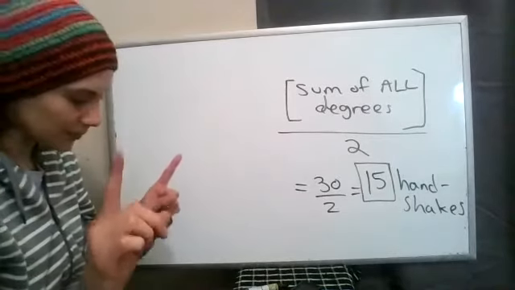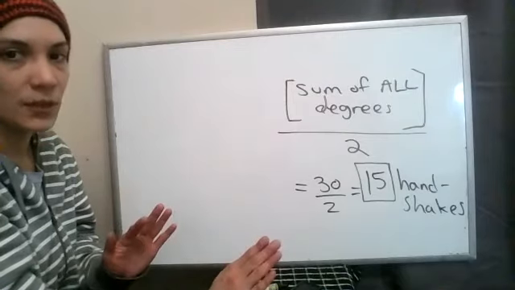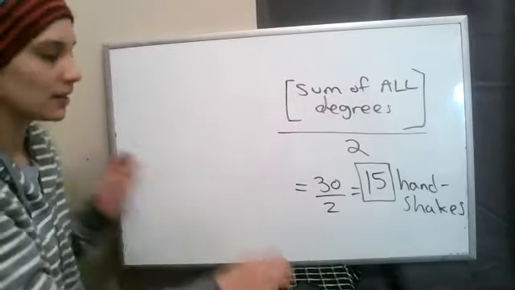Okay, a walk is a sequence of vertices. Each one is connected to the other by an edge.